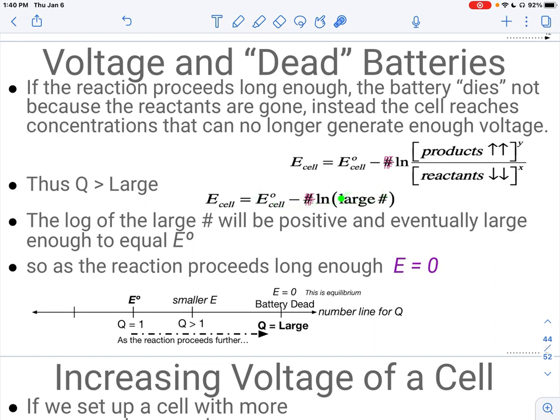So the bigger Q gets, the bigger this number gets, and then this will be equal to this. And so we'll end up with E equaling 0. When E equals 0, it doesn't mean that we don't have any reactants or products left. It just means that we're at equilibrium. So E equals 0 is equilibrium.